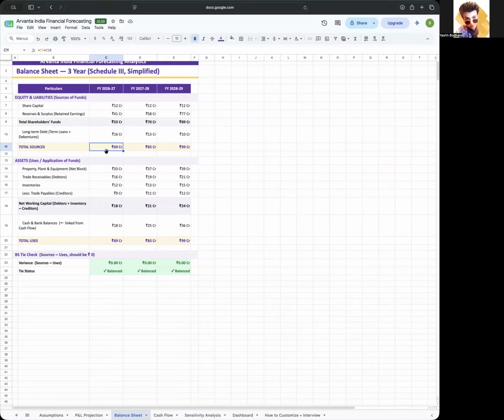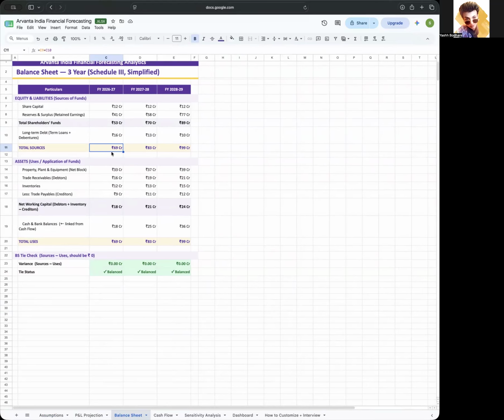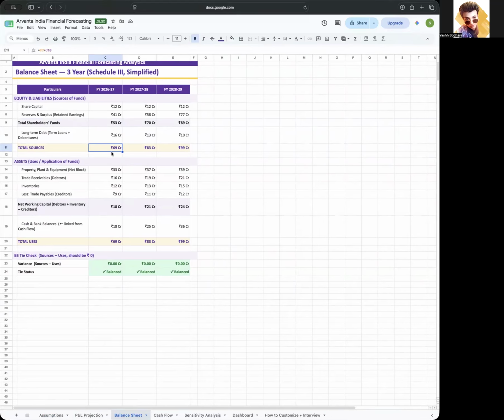Now we calculate the total sources. This represents the total funds available to the company. These funds come from two places. First, shareholders through equity and retained earnings, and second, lenders through long-term debt.